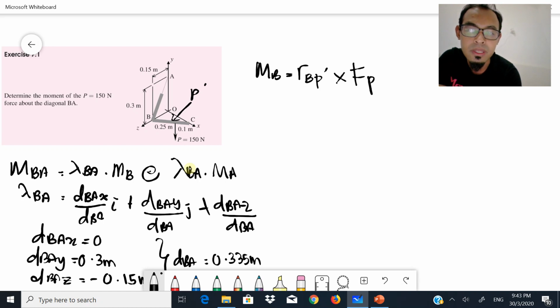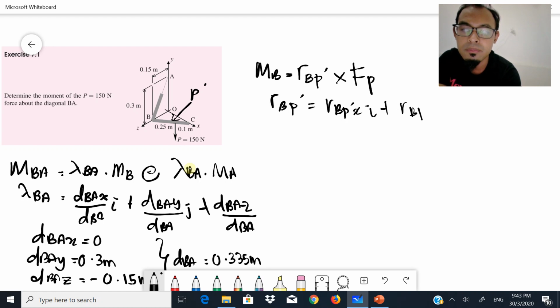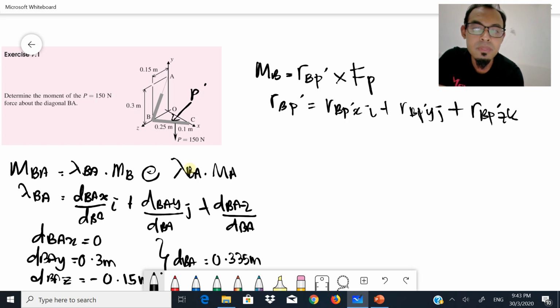So what is our r_BP'? r_BP' equals r_BP'x i plus r_BP'y j plus r_BP'z k. To find r_BP'x, we can find this angle first.